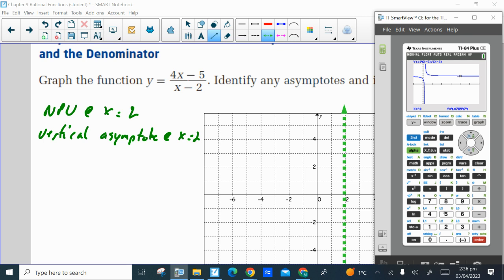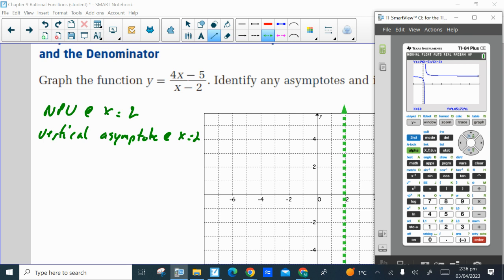What if I let x equal 50? Y is, and you can see what's happening, the y value is getting closer and closer to 4. But it's always higher than 4. That was at 50. 55, closer to 4, but still above it.